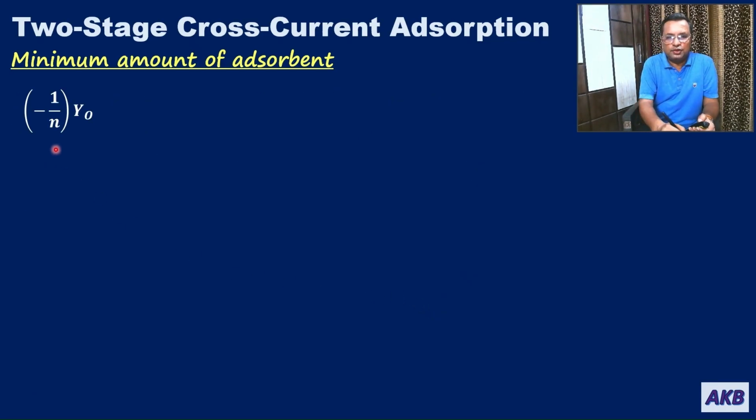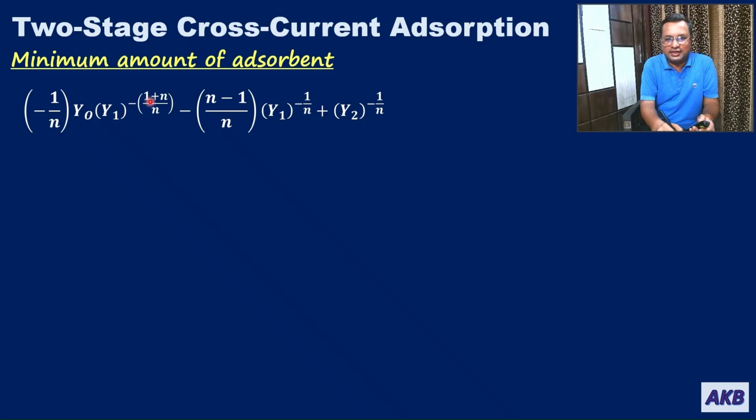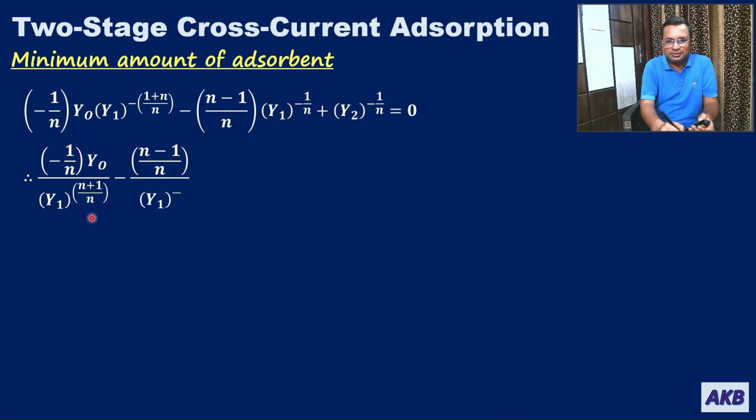So previously we got this equation: minus 1 by n into capital Y0 into capital Y1 raised to minus 1 plus n upon n, minus n minus 1 upon n into capital Y1 raised to minus 1 by n, plus capital Y2 raised to minus 1 by n is equal to 0. That is minus 1 by n, I'll rearrange it. So I will bring this term in the denominator.